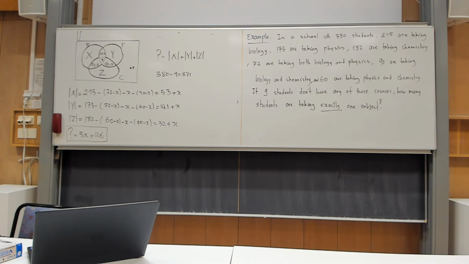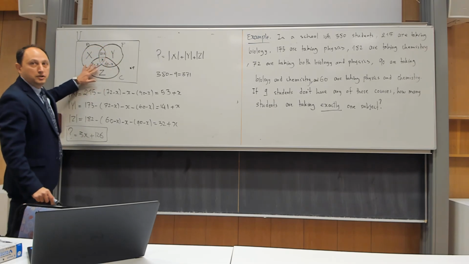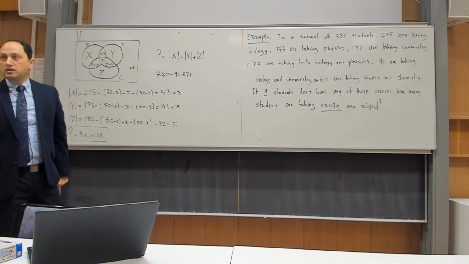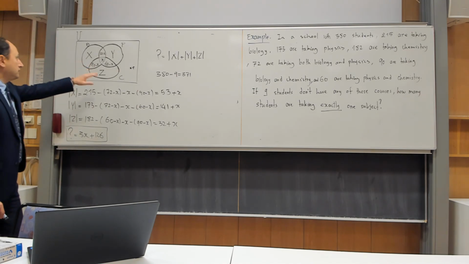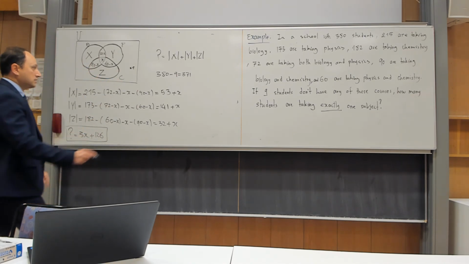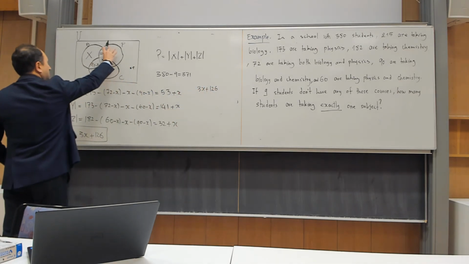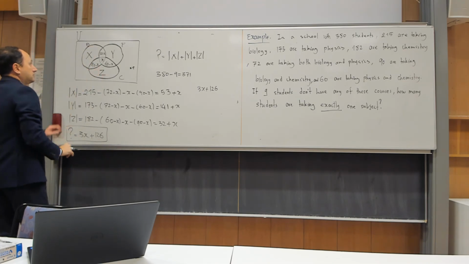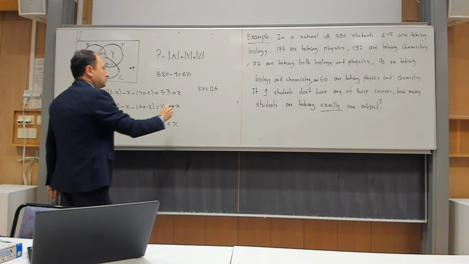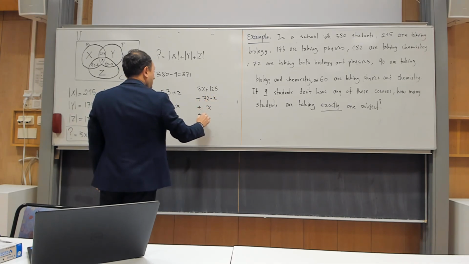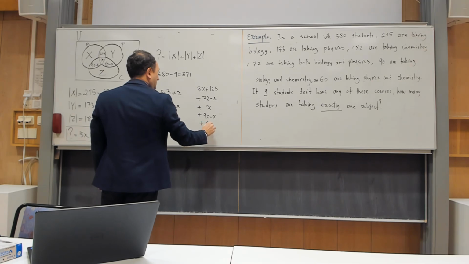Okay, what is your strategy to find x? You know that if you add all these numbers, it should be 371, and there is only one x involved, and you can find it. So if I add them, 3x plus 126 is this part plus this part plus this part, plus these four parts, plus 72 minus x plus 90 minus x plus 60 minus x.